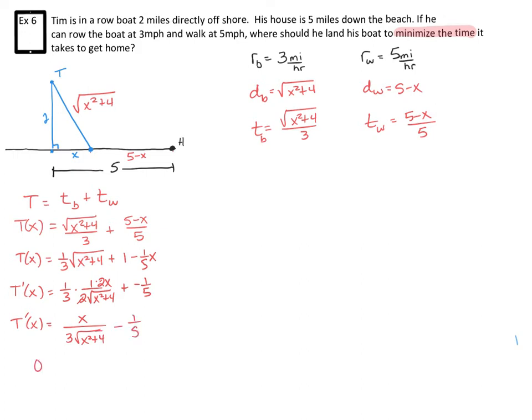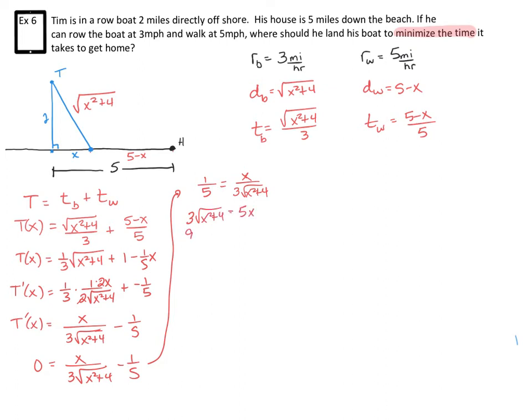We're going to set that derivative equal to 0 and solve to find our critical points. So we'll come up here and start a new column. If I take the negative 1/5 to the other side, we get 1/5 equal to x over 3 radical x squared plus 4. Cross products: 3 times radical x squared plus 4 is going to equal 5x.